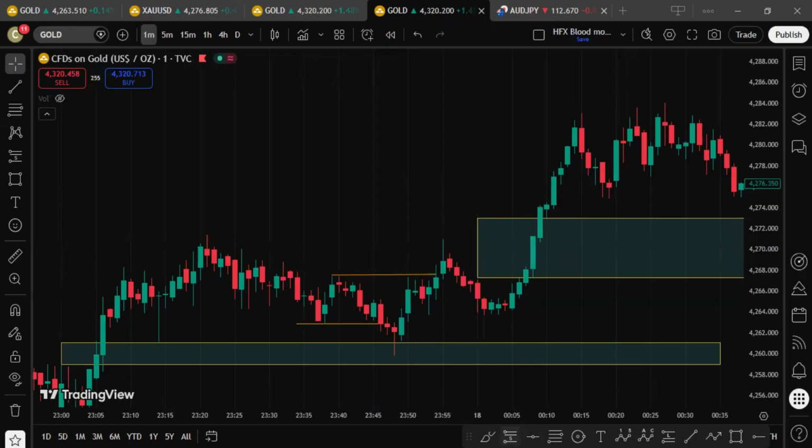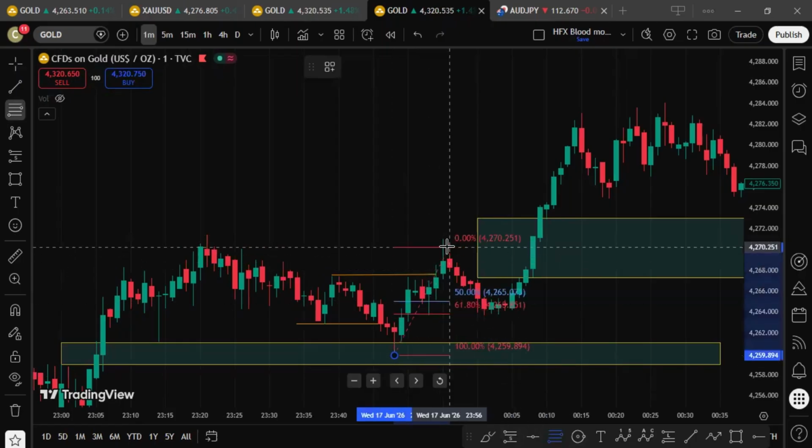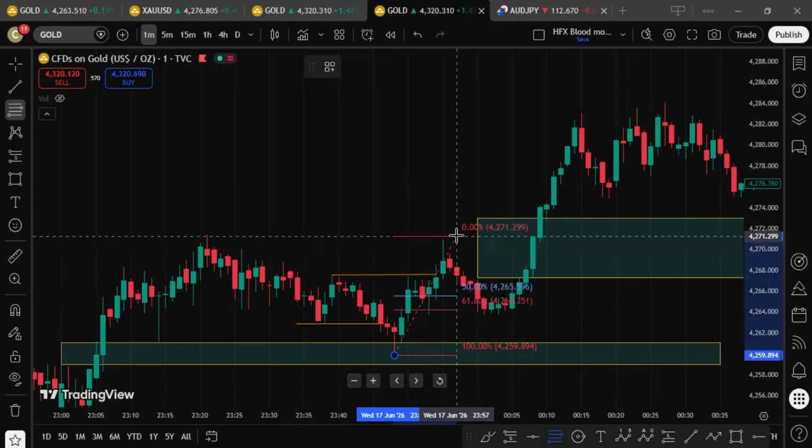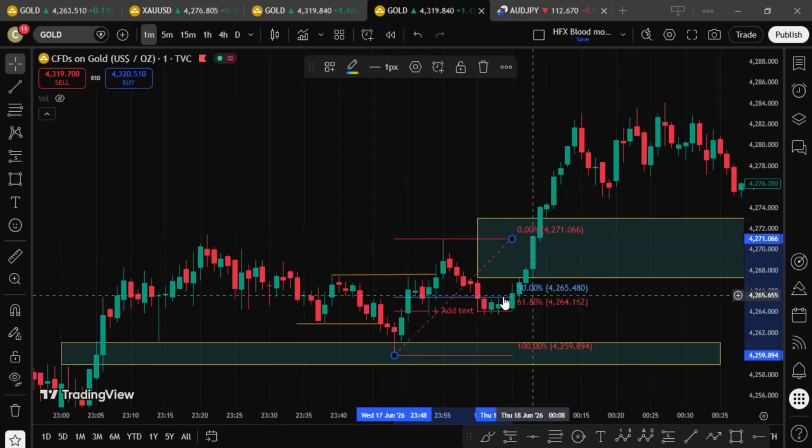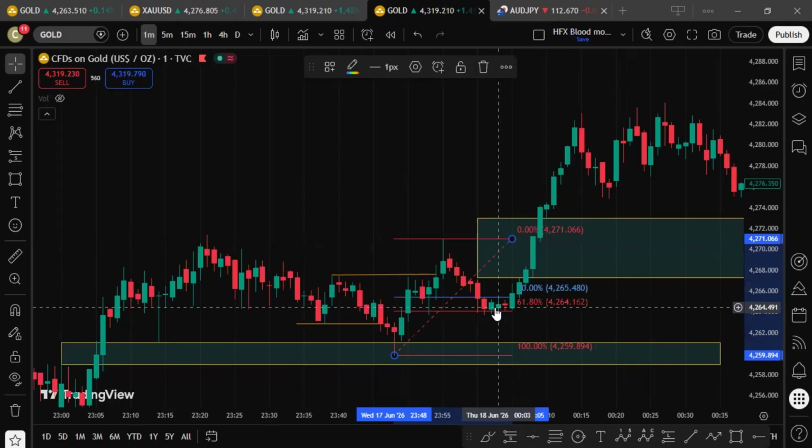Either you draw Fibonacci and wait for a 50% retest or 61.8%. I think I'll start looking for the 61.8% retest because it gives the best entries now. 61.8 gives the best entry. In fact, that's like the best entry anyway.